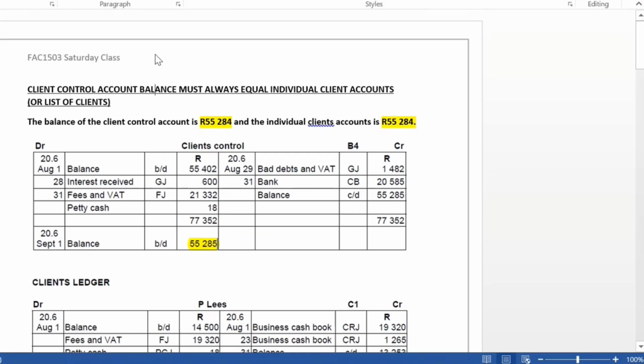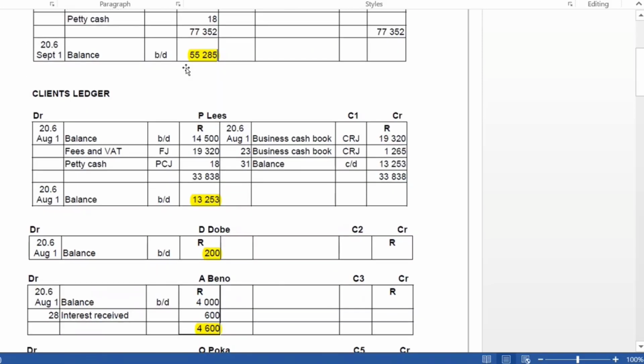Now, I want to show you what a client control account is. In your learning unit 6, they're talking about client control.